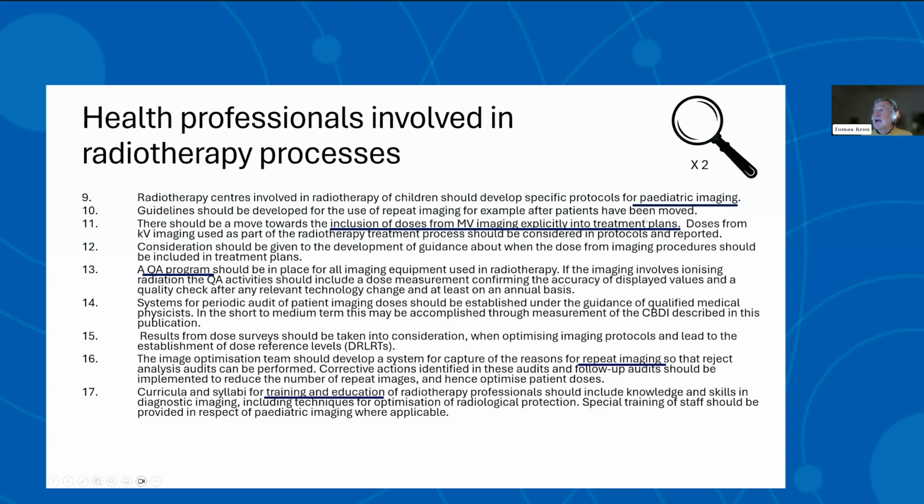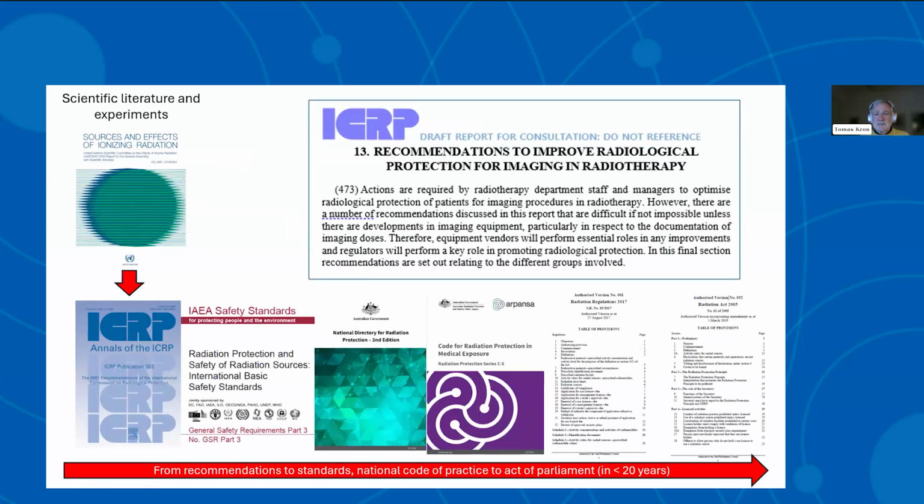This is particularly relevant, obviously, in the context of pediatric imaging, and Tom Merchant has already given you some background of that. QA programs are required, and then training and education.